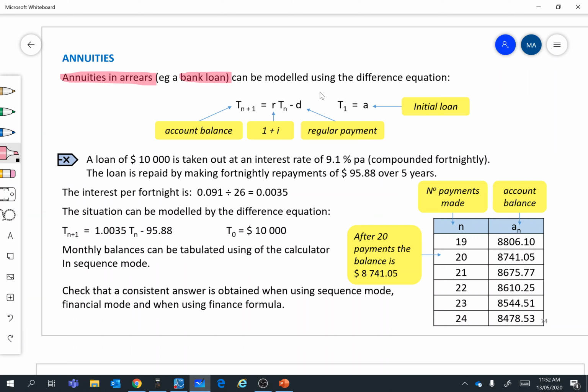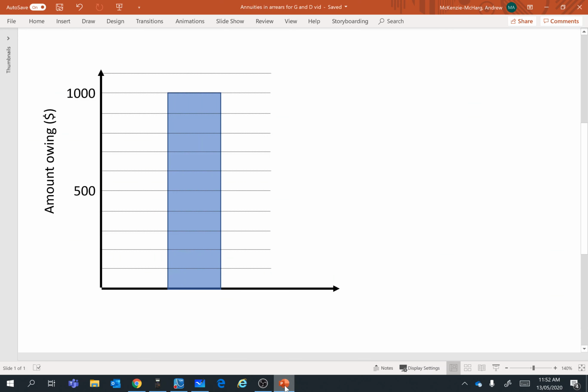So I want to talk to you about the nature of a bank loan as an annuity in arrears, and I've got this example here to illustrate. This graph shows the amount owing on a bank loan. Somebody has borrowed $1,000 from a bank. Okay, so a $1,000 loan.